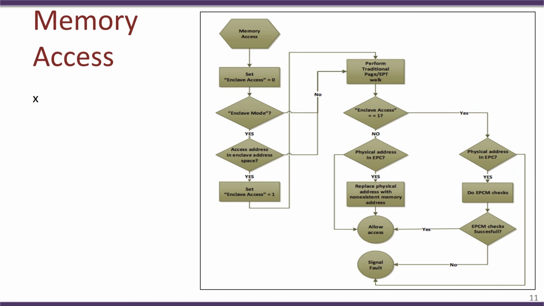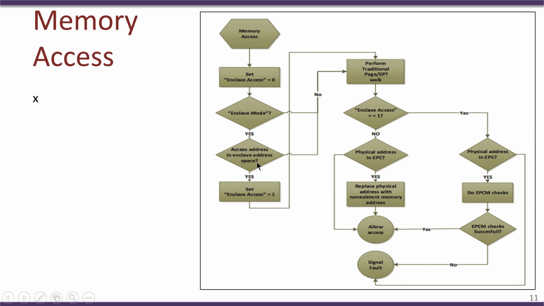We will also look at a third aspect where you are running in the enclave mode and trying to access data which is outside the enclave. We will follow this again. We set the enclave access to 0 as usual. We are running in enclave mode, so this is yes. Is the access to an address in the enclave address space?